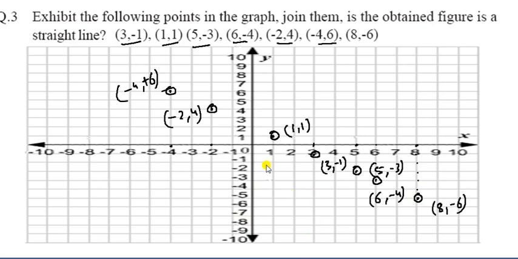Now let us see what will happen in this. So we can draw a line or not. So let us see what will happen in this. So I want to draw a line, this one. You can see a line of this type.